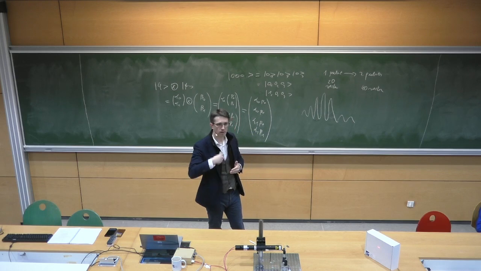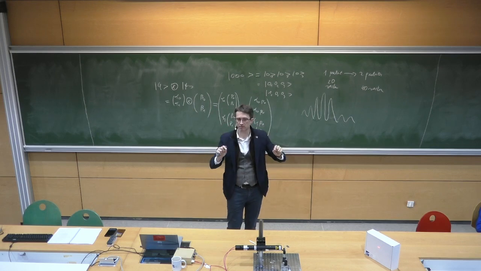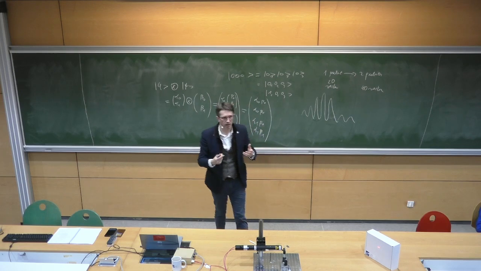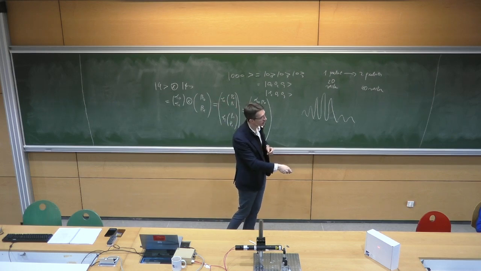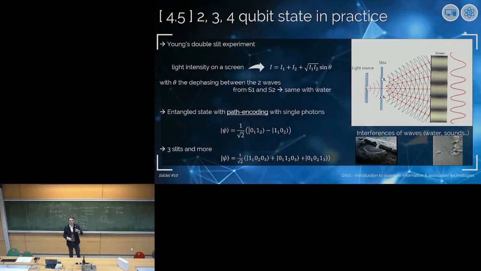But if you do it again and again and again, you're going to see successions of spots. But after some time you will see that these spots make sense, in the sense that they give you this interference pattern, the same way that you would have if you were to use the wave behavior of light.